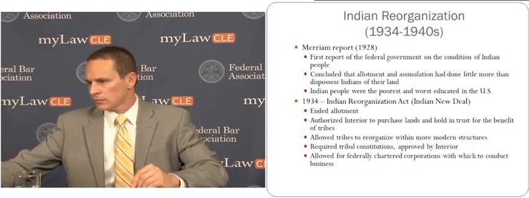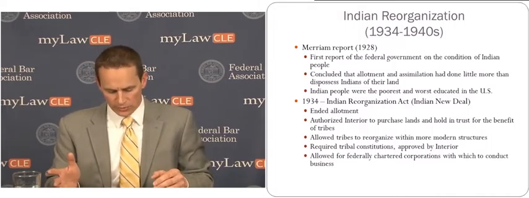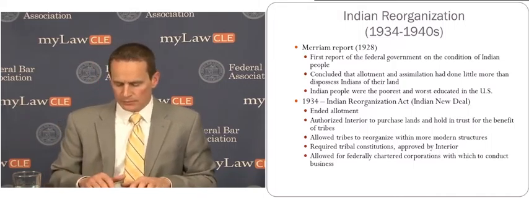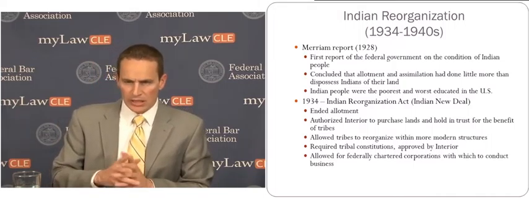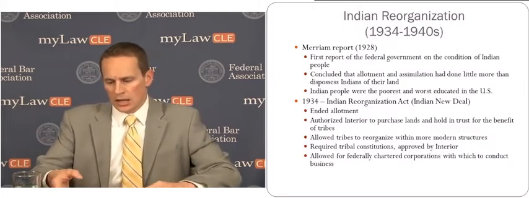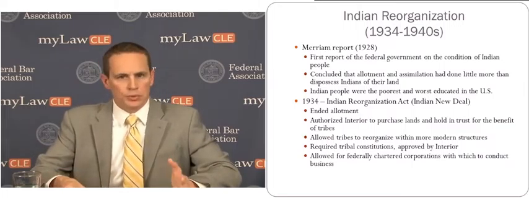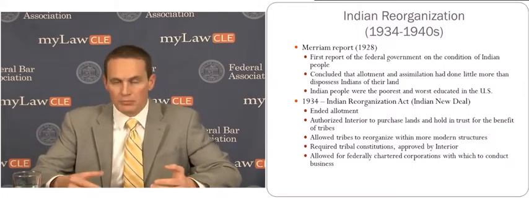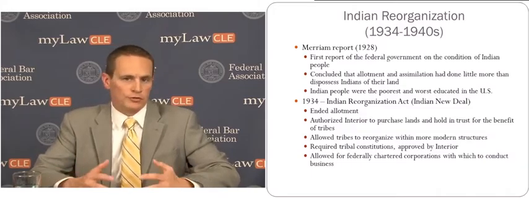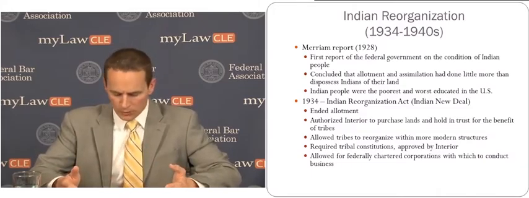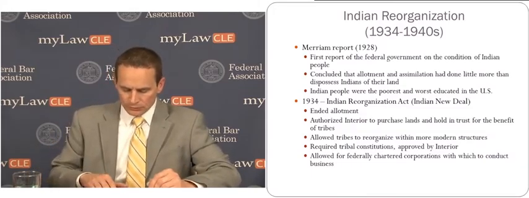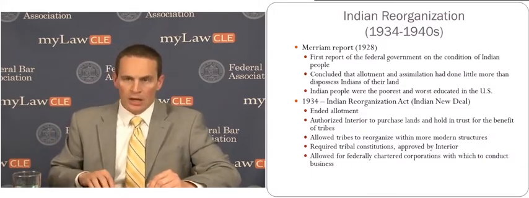So the next period of Indian policy was Indian reorganization, and this went from 1934 until the mid-1940s. And even a little bit prior to that, there were some precursors. One was the Merriam Report, and the Merriam Report was the first federal report on the condition of Indian people.